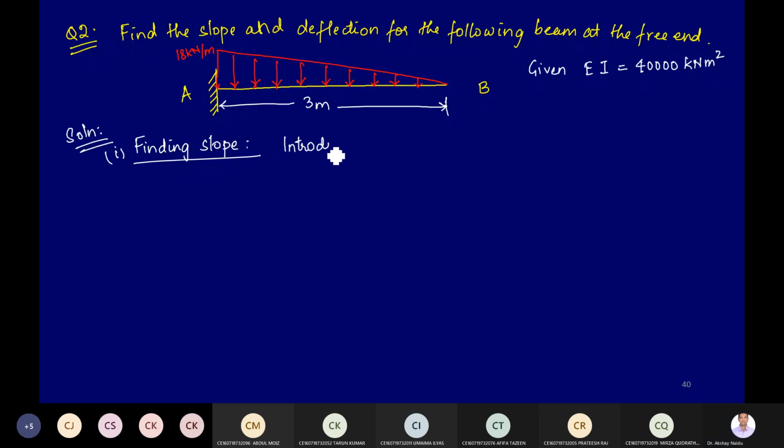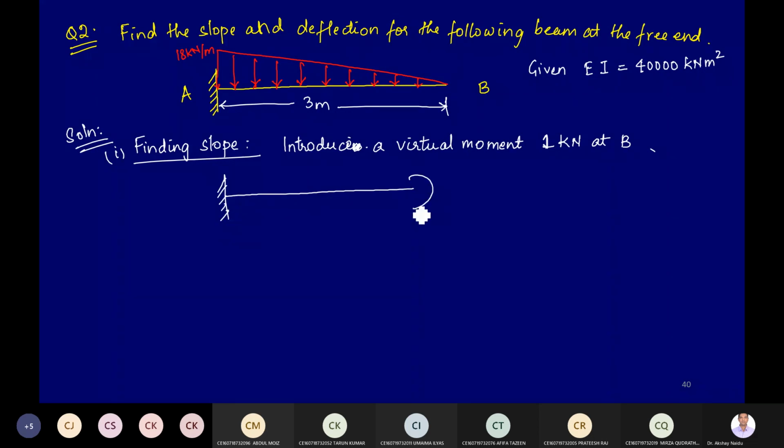Introduce a virtual moment of 1 kilonewton at B. So at any point x from the end A, the bending moment here, small m x, will be the same.